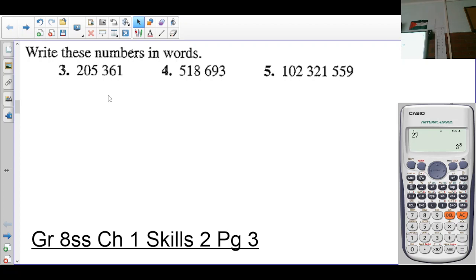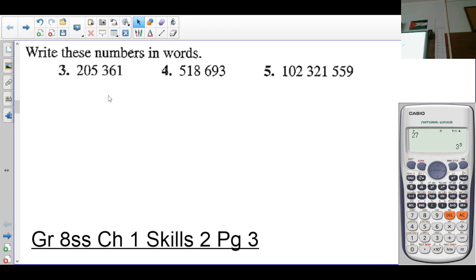Let's go here. Number 4. What's your answer? Nice. You all agree with that? It's 518,693. Number 5. What do you say number 5 is? Absolutely.